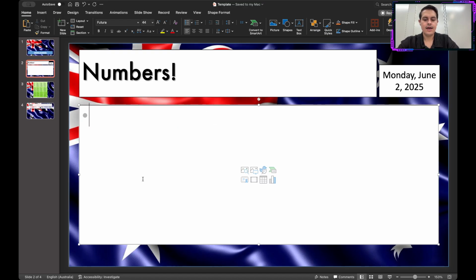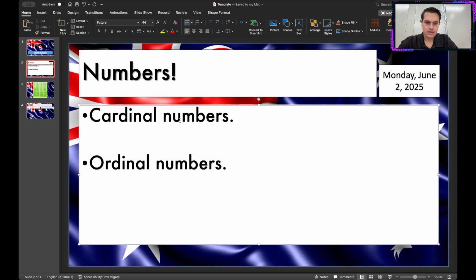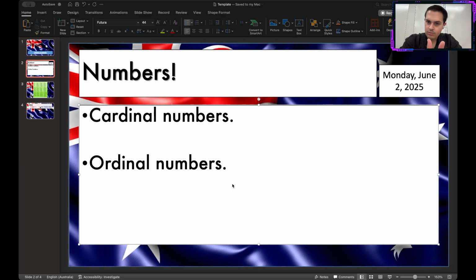We have cardinal numbers, and we have ordinal numbers.